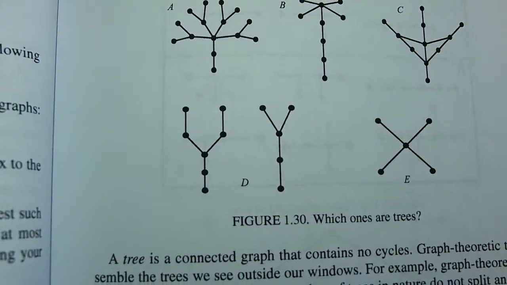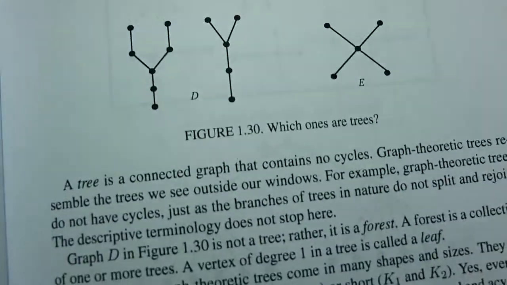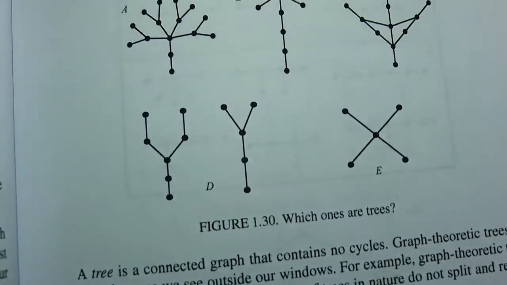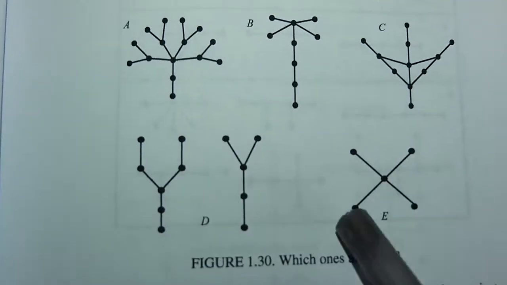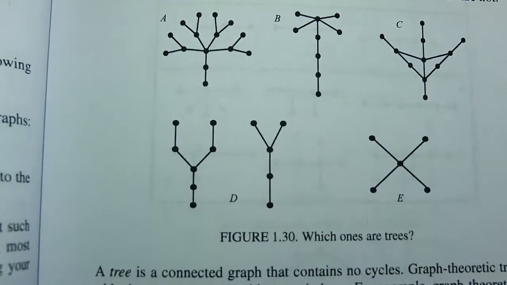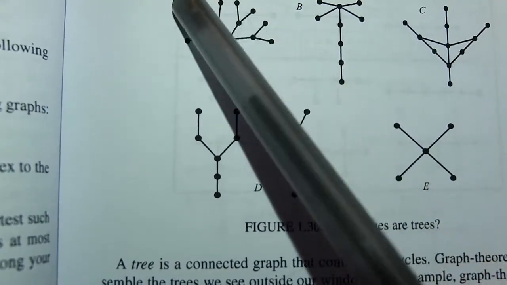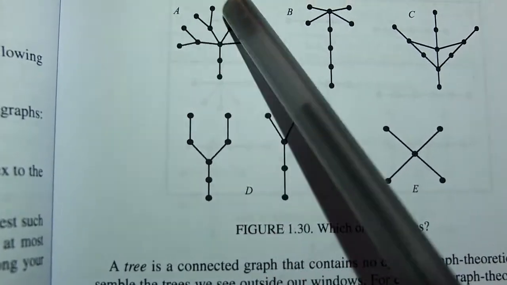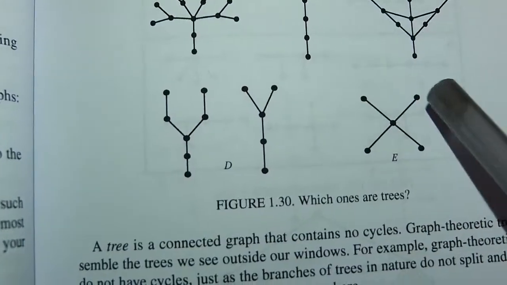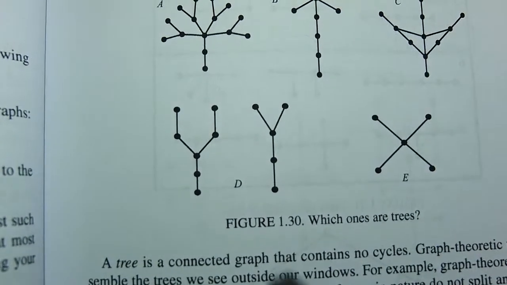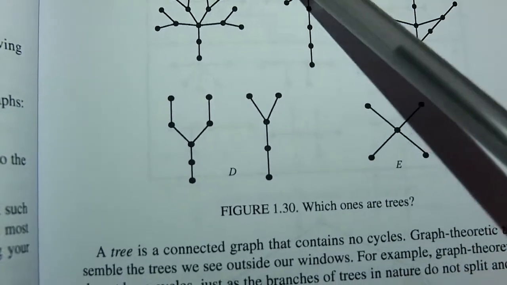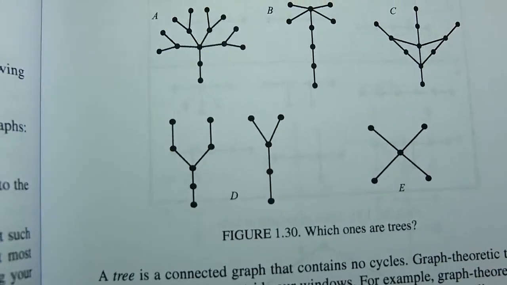You might notice that in a tree, it seems like we have a lot of these sorts of vertices. What do I mean by these sorts of vertices? So in A, it would be all these on the outside of the tree. Here on E, it'd be everything except this one. B, it would be these, well, and one on the end here.